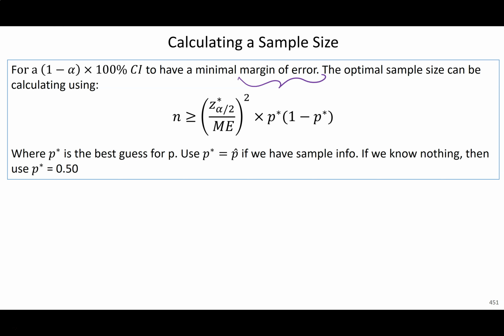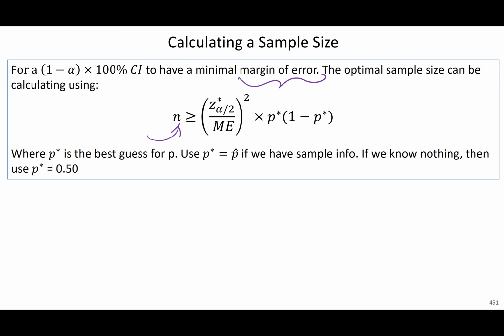That's half of the width of your entire interval. So based on that, you can say, hey, I want a 90% confidence interval, but I don't want it any wider than 0.05. You can calculate the minimum sample size. You need to take a sample size of at least this much in order to ensure that you have a 90% confidence interval no wider than 0.05.